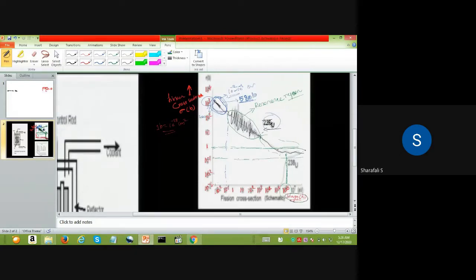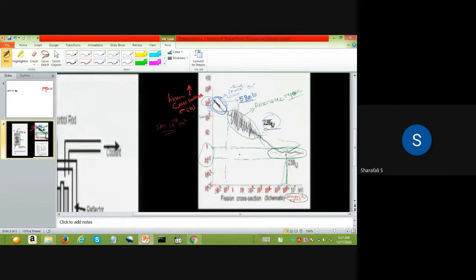So in this region, the fission cross section is around 1 and 10 raised to minus 1 range, so it is very small, and the energy of the neutron in this region is in the mega electron volt range. When the neutron has very high energy, the fission cross section gets reduced.